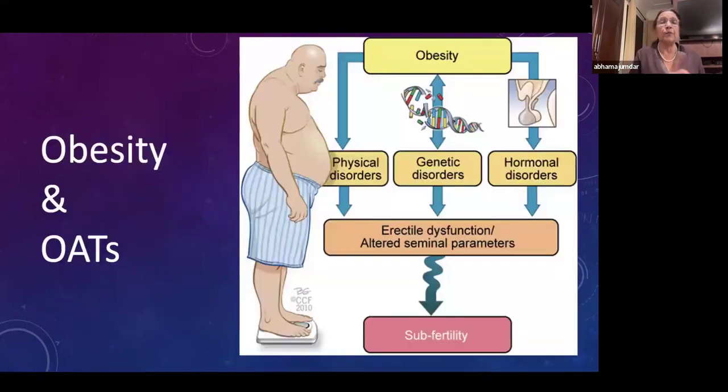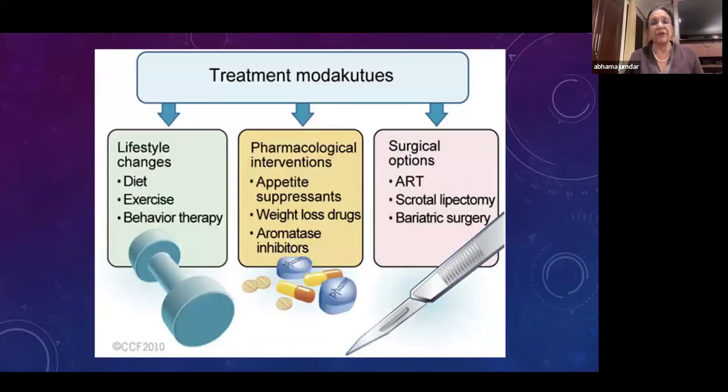Then we come to the third important condition which we gynecologists can treat after hypo and after infections: obesity and oats. If man is obese and he has got low sperm count or low motility or terato, obesity may lead to physical disorders, genetic disorders, hormonal disorders, and all that in totality leads to erectile dysfunction and altered semen parameters and subfertility.